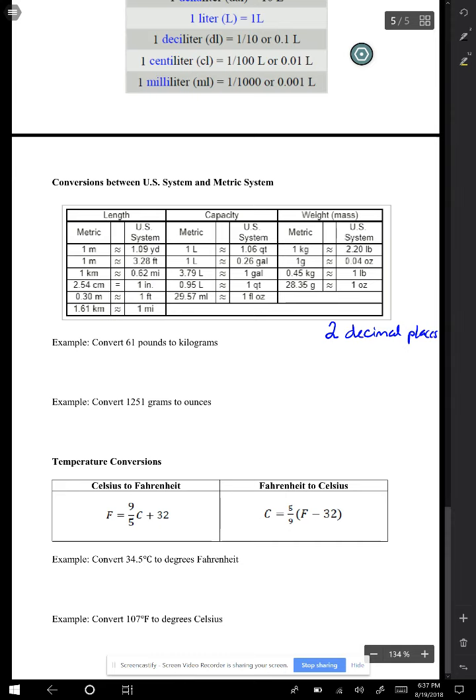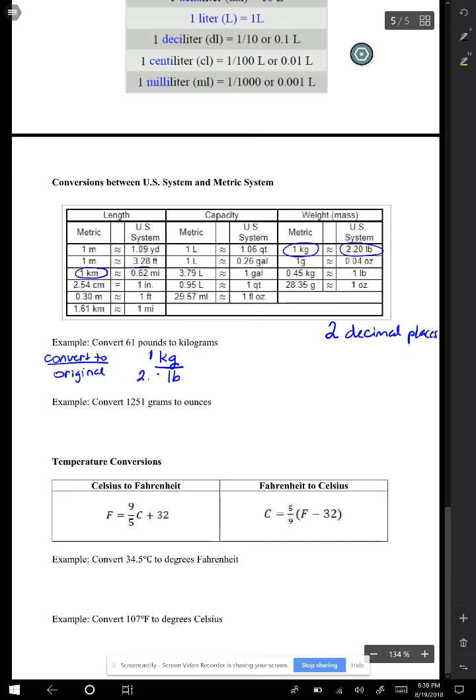Okay, the first conversion, again, we're going to convert to over the original. So on this one, we're converting to 2 kilograms. That means I need kilograms over, and I'm converting from pounds. So I look and I see that 1 kilogram is approximately 2.20 pounds.